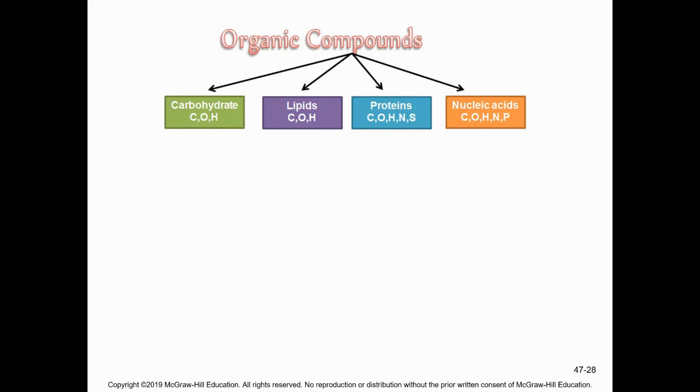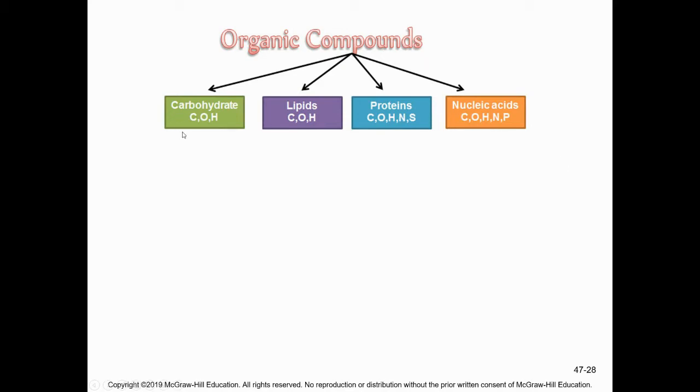Proteins are made of carbon, oxygen, hydrogen, nitrogen, sulfur, and nucleic acids, our DNA. Those have to be released back into the environment. You see that's carbon, oxygen, hydrogen, nitrogen, and phosphorus. So those elements are just continuously recycled in those cycles that I just showed.